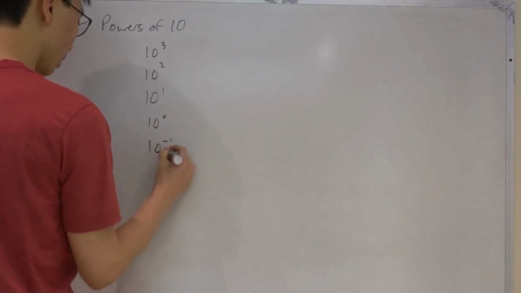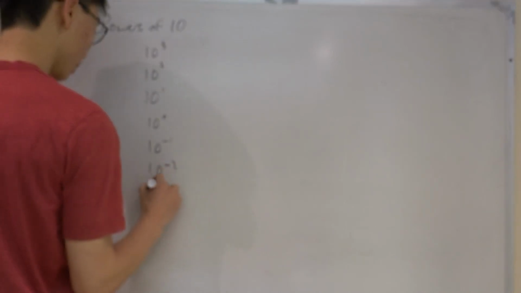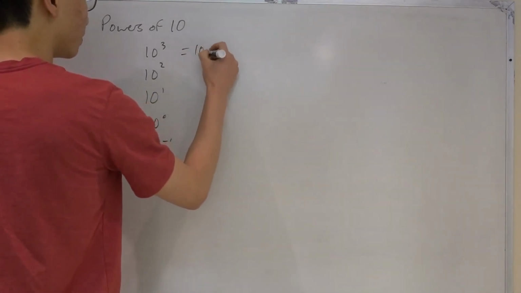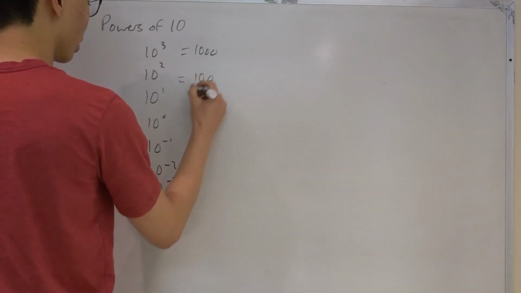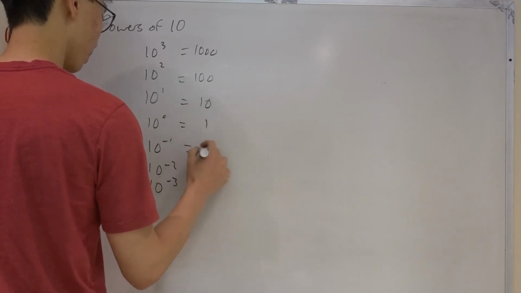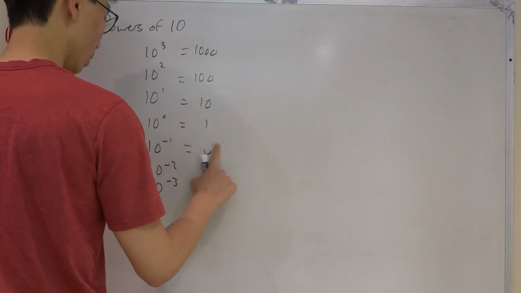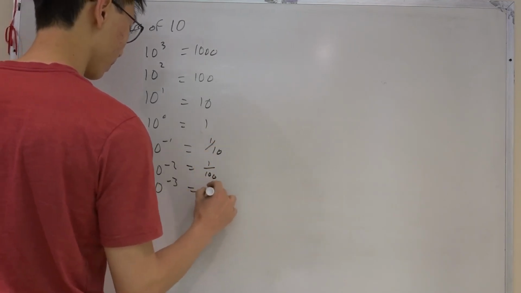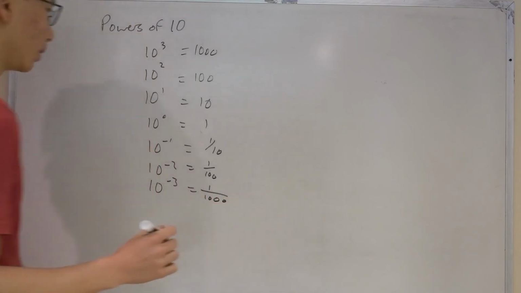And similarly 10 to the 0, negative 2, and negative 3. Okay? So you should get that this is 1,000. This is 100. This is 10. 0. 1. Remember that one. I'm going to write in fraction form. Right? So these are the numbers.